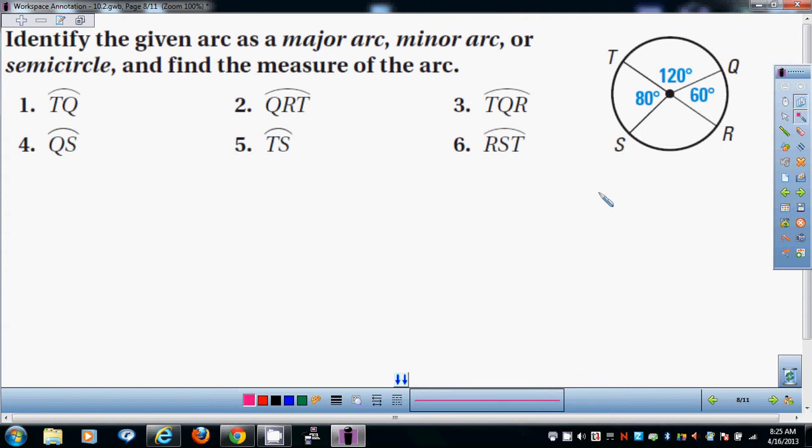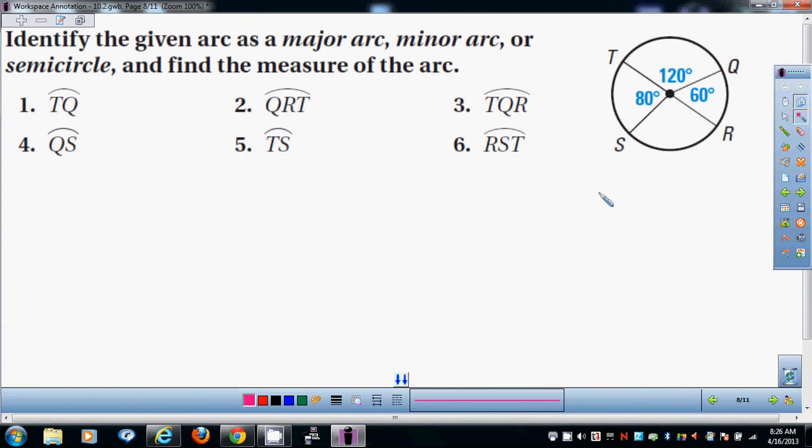It doesn't do the whole thing. It stops here. It goes from here to here. 240. Is it minor, major, or semicircle? Major, because it is over 180.